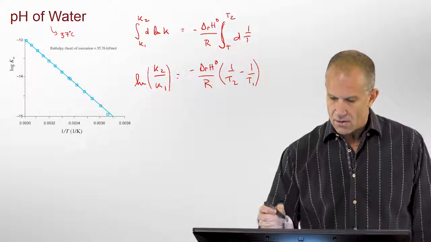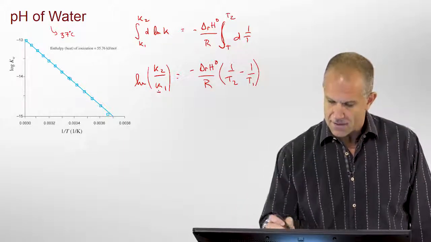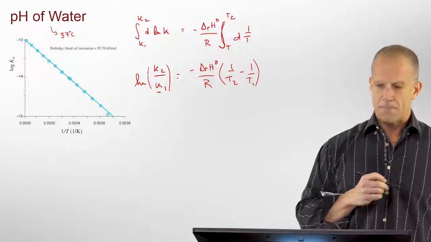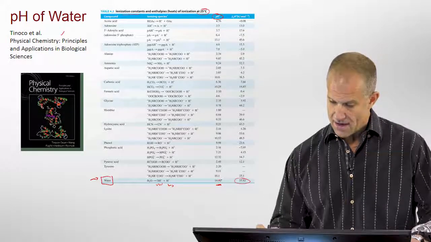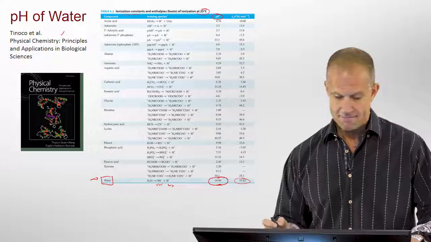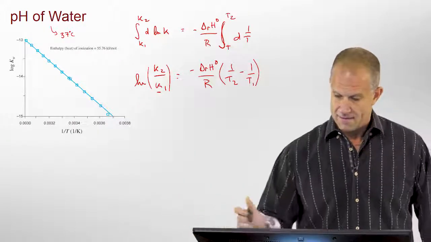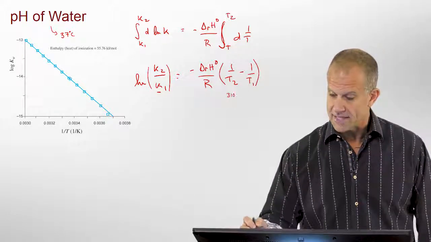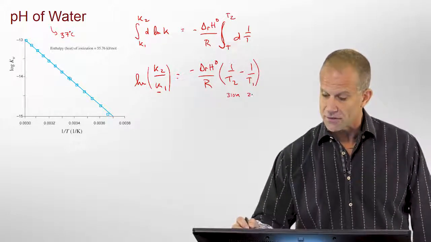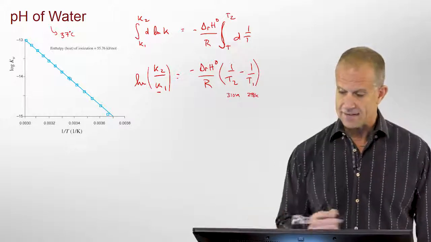So we know K1, we know the equilibrium constant at 298. We know our final temperature, 310 Kelvin. We knew our initial temperature, 298, which is the standard state, right?